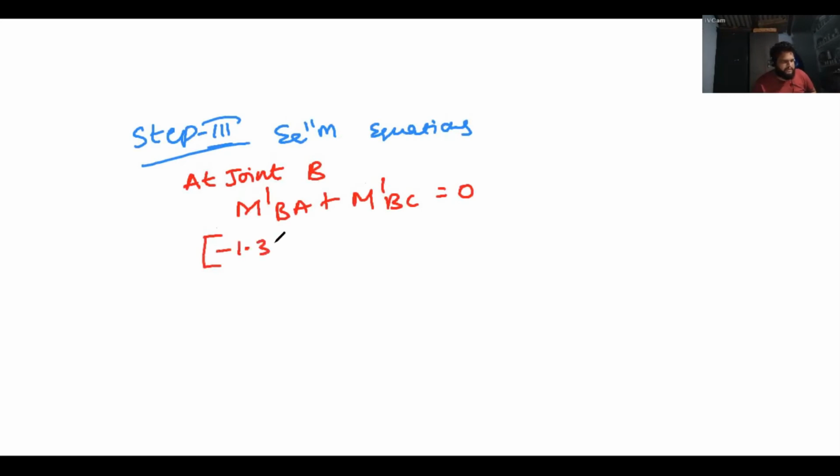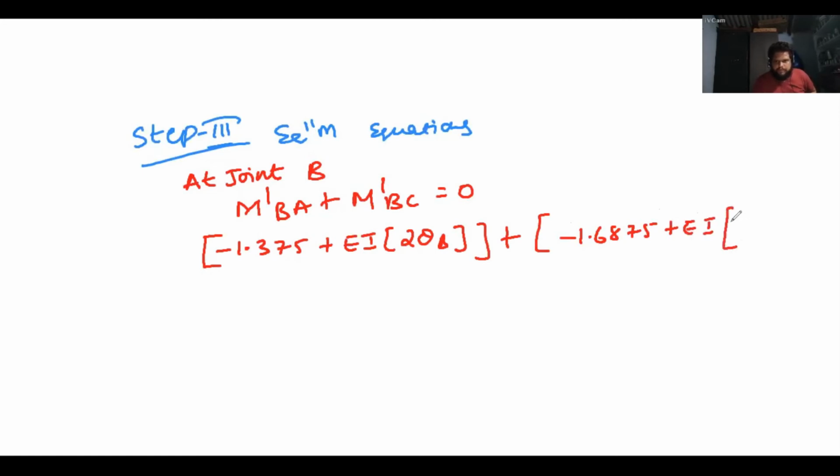Minus 1.375 plus EI times 2 theta B. And that is M dash BA. What is M dash BC? Minus 1.6875 plus EI into 12 by 4.5 into theta B plus 6 by 4.5 into theta C. This total is equal to 0.